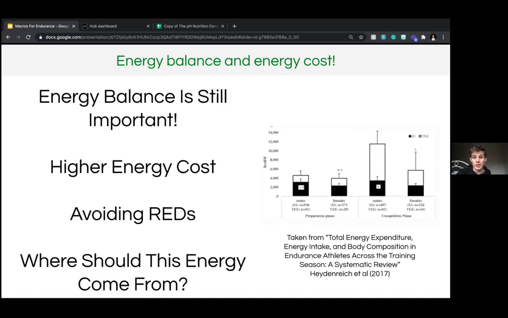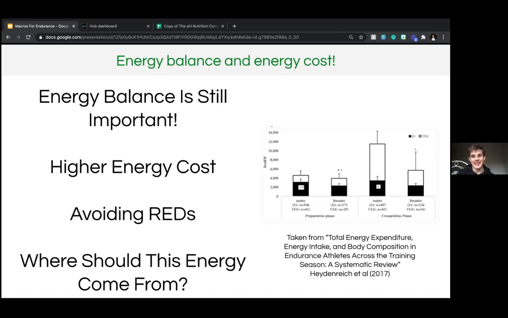As you can see, across all of these in males and females, even in the prep phase, when their intensity isn't that big, when their volume isn't that big, they're still taking in less than they're expending. Males are expending more than 4,000 calories here, females around that 4,000 mark in that prep phase.